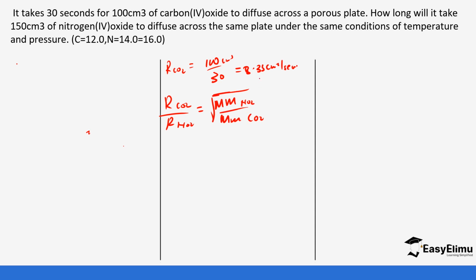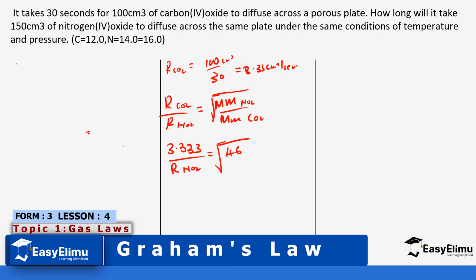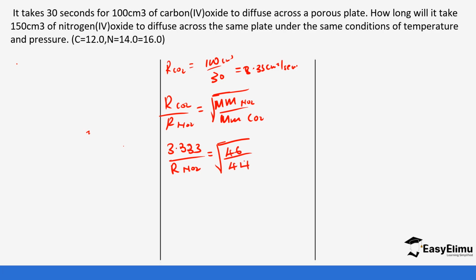So remember now we have the rate of carbon dioxide, which is 3.333, over the rate of nitrogen dioxide, which we do not have, is equal to the square root of 46 divided by 44, since we had initially calculated the molecular mass of nitrogen dioxide as 46 and of carbon dioxide as 44. This will give us 1.0225, and then 3.333 over the rate of nitrogen dioxide.